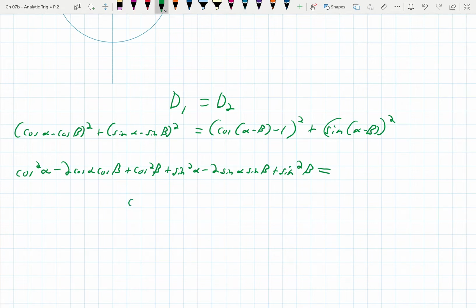So it equals cosine squared of alpha minus beta minus 2 cosine of alpha minus beta plus 1 plus sine squared of alpha minus beta.